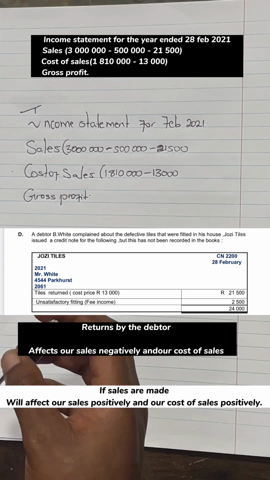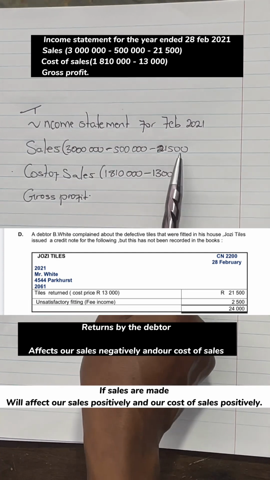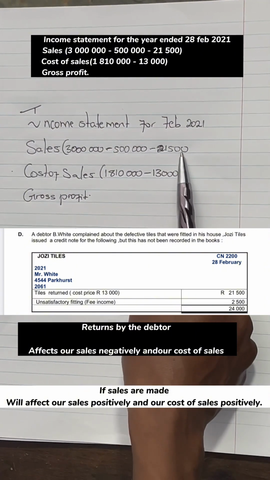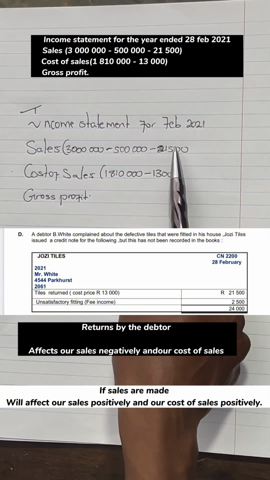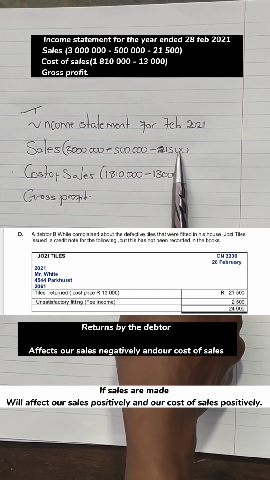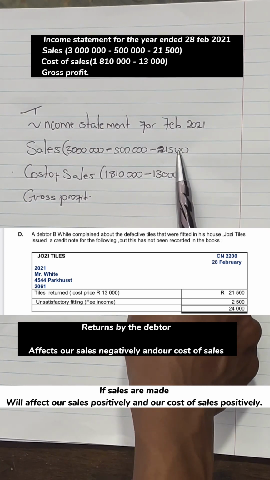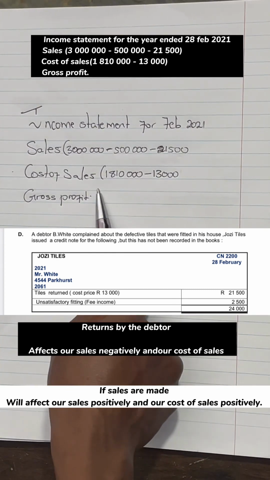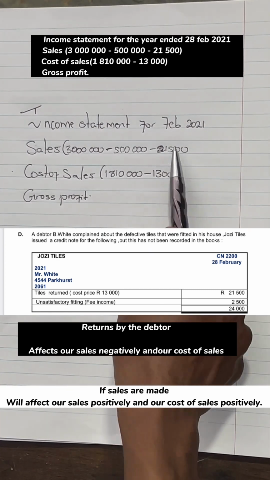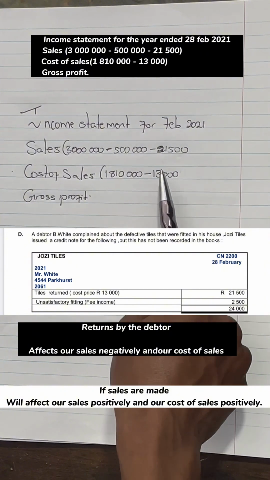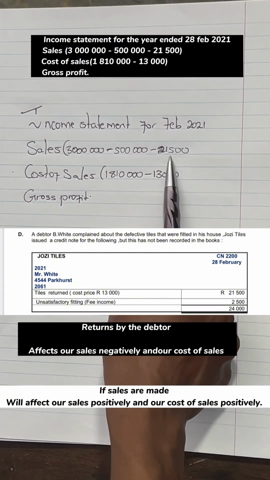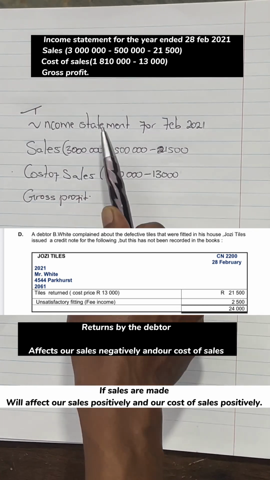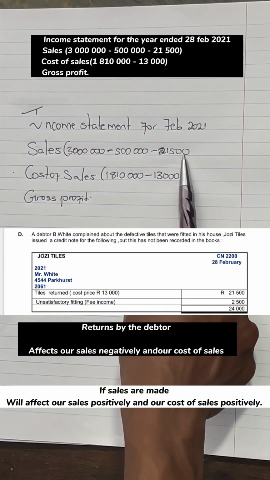So whenever you do sales, you are going to subtract any goods and services that are returned to the business. You also need to show under your cost of sales that you have returned those goods and services using the cost price, while the particular customer is allowed to return those goods and services at the selling price.